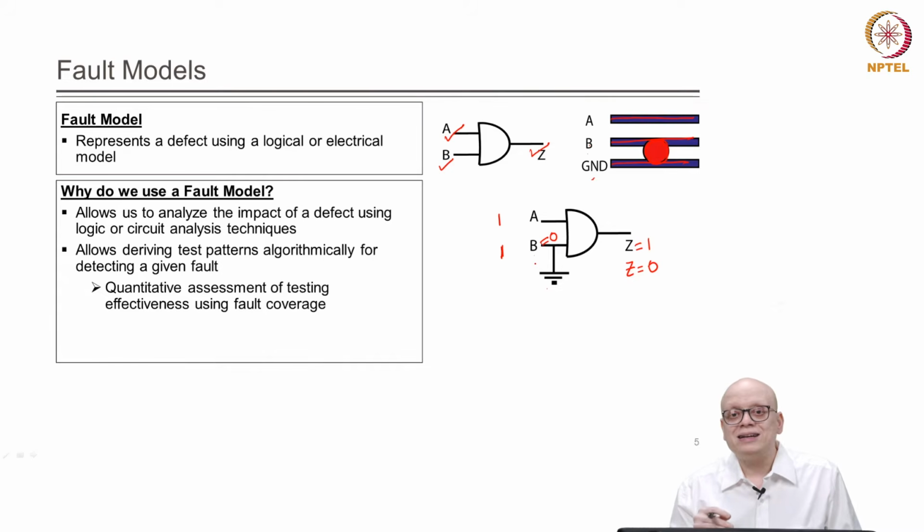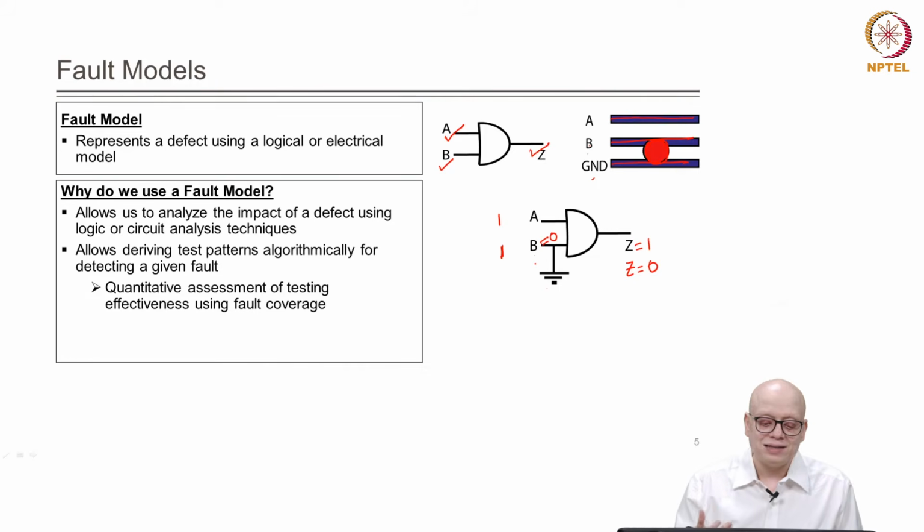Now, whether our test patterns are catching those circuit conditions or not, we can measure it using circuit analysis techniques. And based on that, we can say whether our quality of testing is good or not. So, fault model allows us to have a quantitative assessment of testing or effectiveness of testing, right.